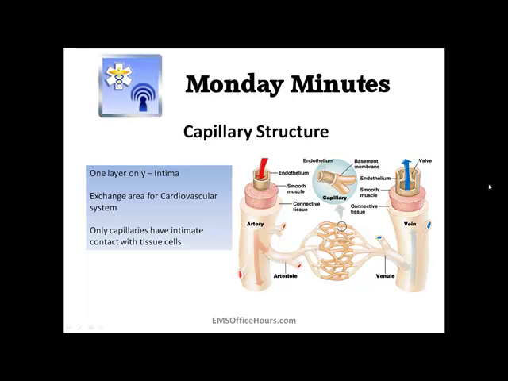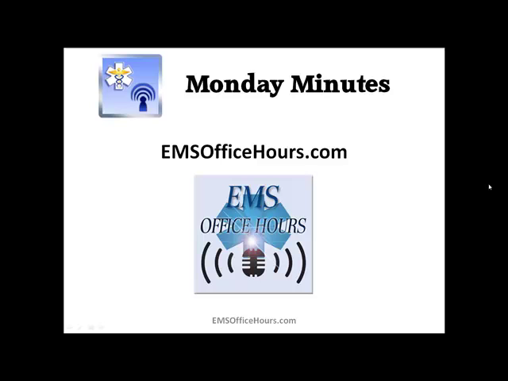Since the capillary wall consists of just flat single cells, substances can move between the body cells and the blood. So of the three blood vessels, the capillaries are the only one that have intimate contact with tissue cells and directly serve the cellular needs.